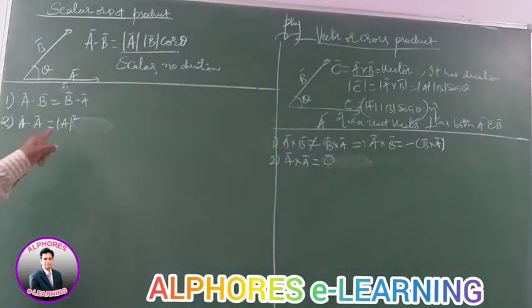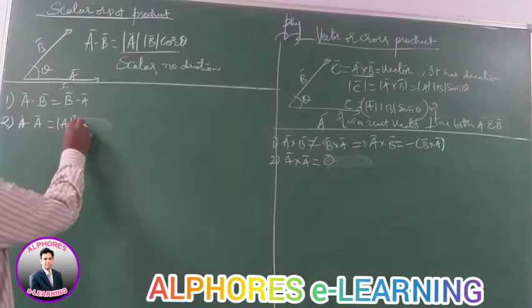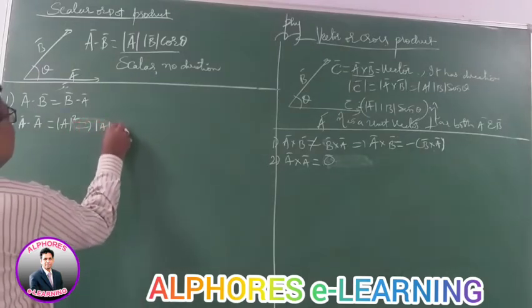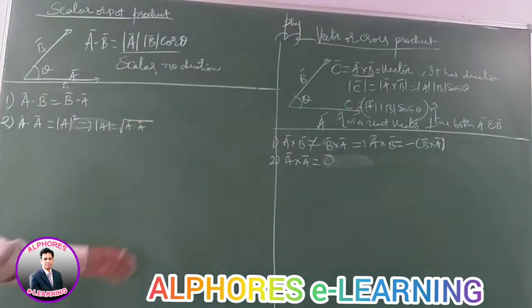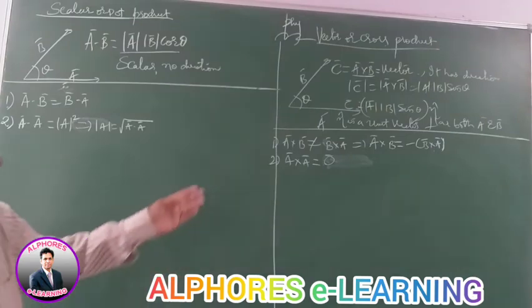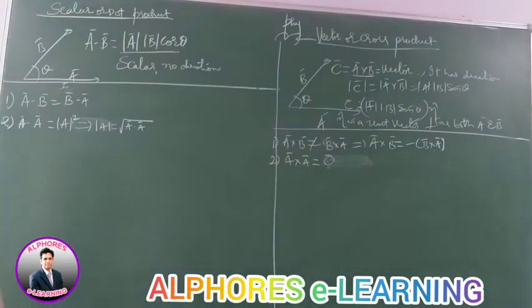But A dot A is A square, magnitude of the vector square. From this we can write mod A is under root of A bar dot A. But here A cross A is a null vector, 0 vector. It doesn't give any resultant, but here it is maximum resultant.